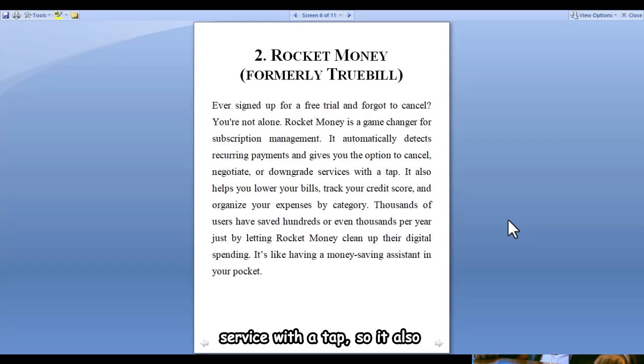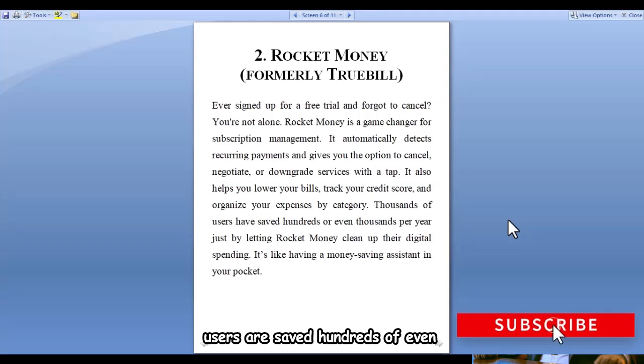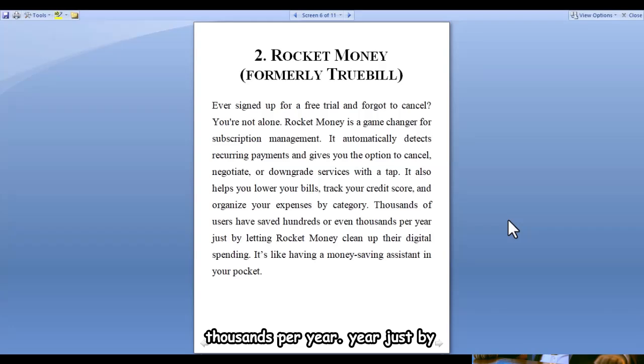It also helps you lower your bills, track your credit score, and organize your expenses by category. Thousands of users have saved hundreds or even thousands per year just by letting Rocket Money clean up their digital spending. It's like having a money saving assistant in your pocket.